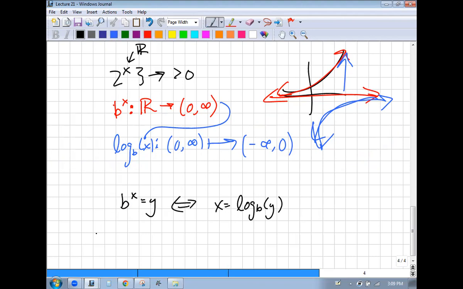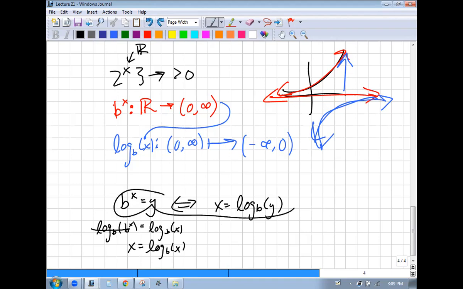And you can see that because if I take log base b of both sides of this thing, the log base b and the b to the undo one another because they're inverses. And that's what I wrote over here. So that's why this is the same as that. You can write something that's exponential form, you can rewrite it in log form.